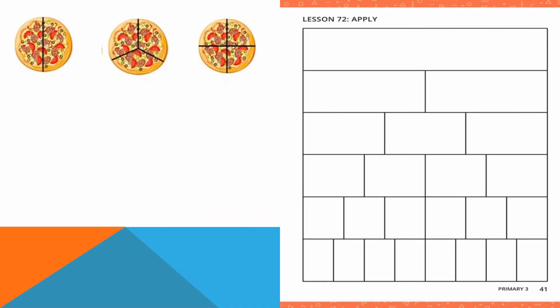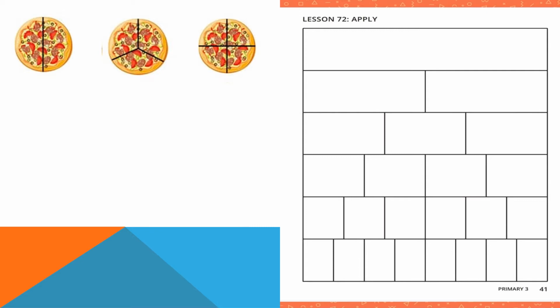As we said before, if we have the whole pizza and we divided it into 2 equal parts, each kid will take 1 half here and 1 half here. So the whole one contains 2 halves. They are 2 halves, okay?